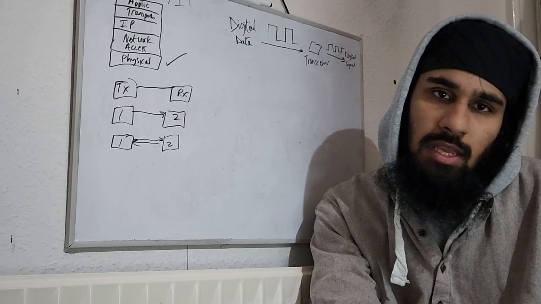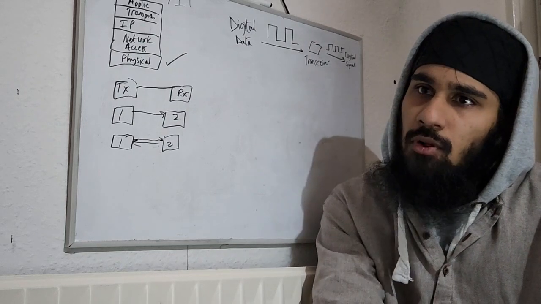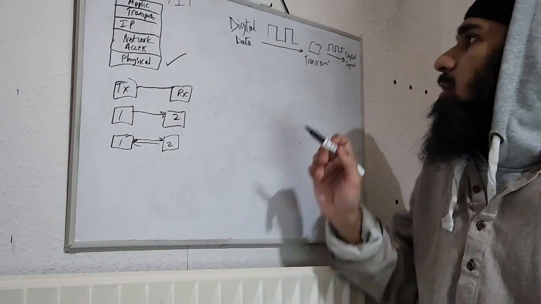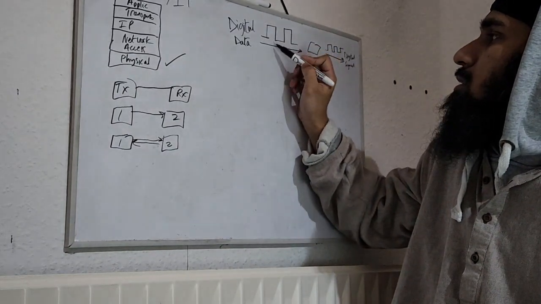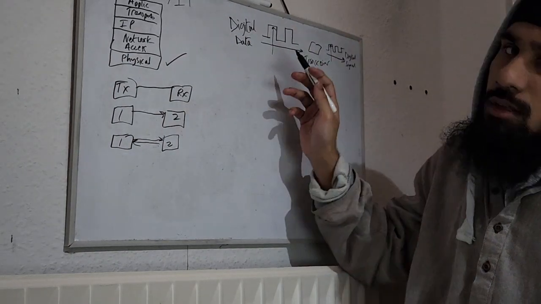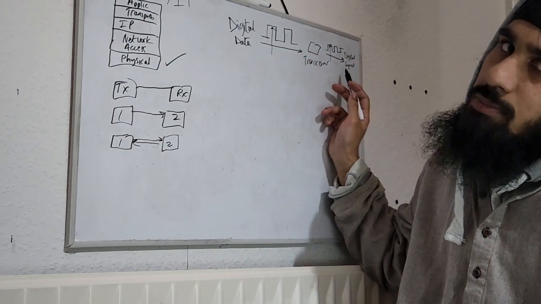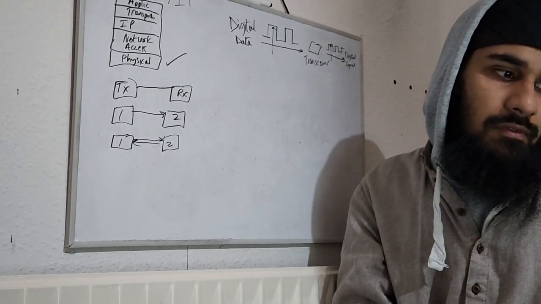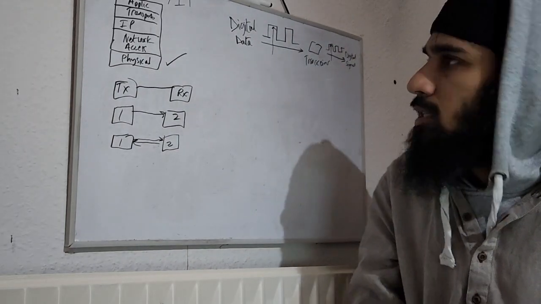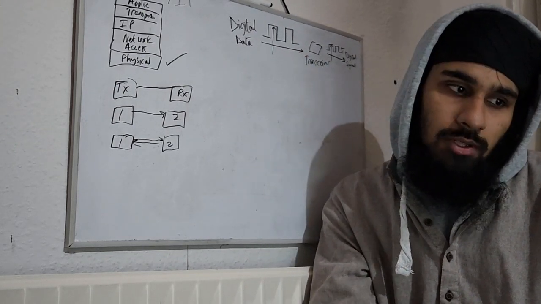Because it's 1% faster, after a few samples it will be sampling the wrong data. The receiver samples this data first, and then because its clock is 1% faster, after 50 or more cycles it will sample the wrong data, and then you will get wrong outputs.